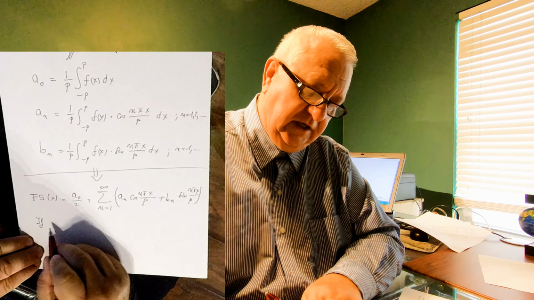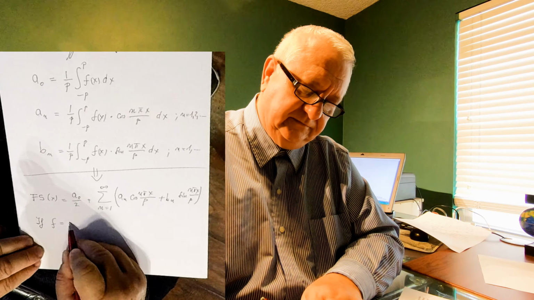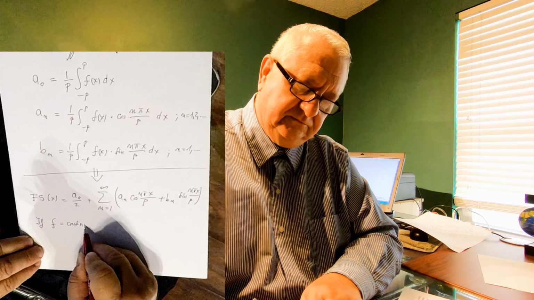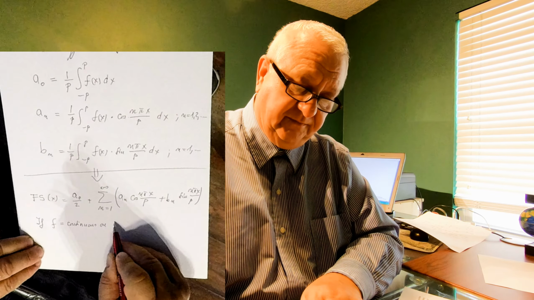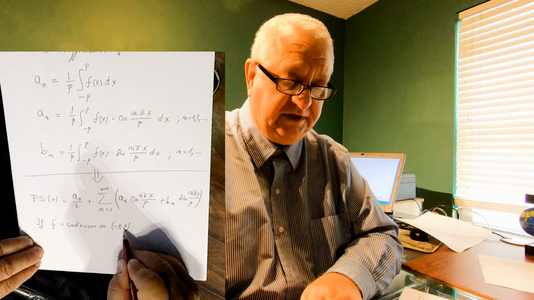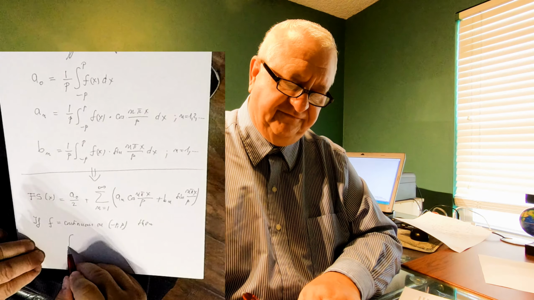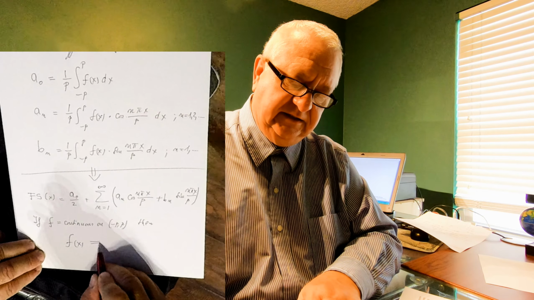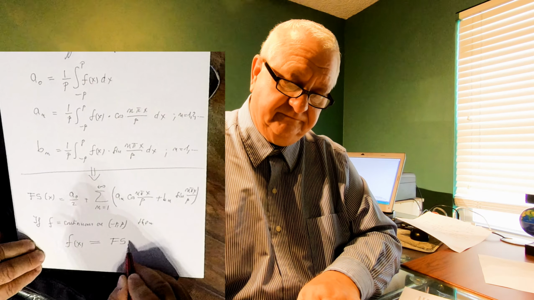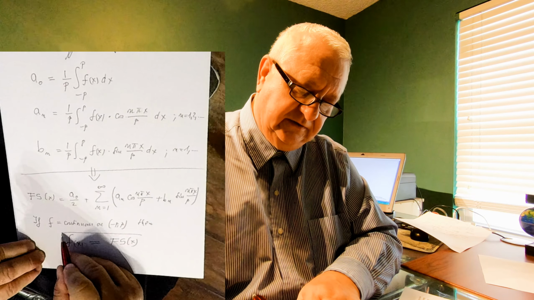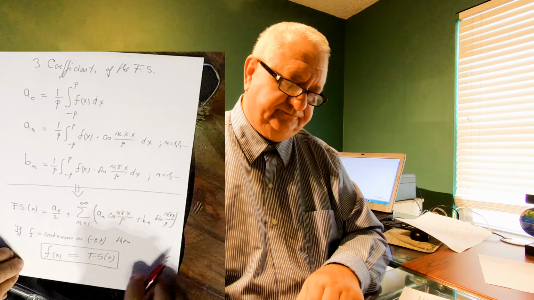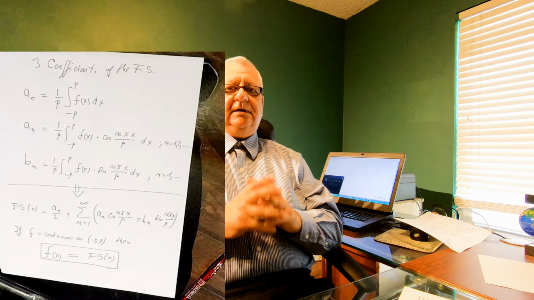If your function is continuous, on, of course, minus p, p, we don't care about outside it, then the miracle is the function is identical to its Fourier series. They are the same thing. So here is my comment.